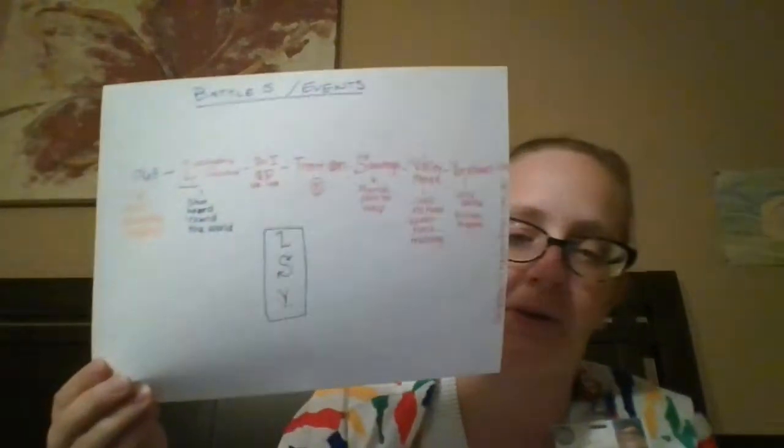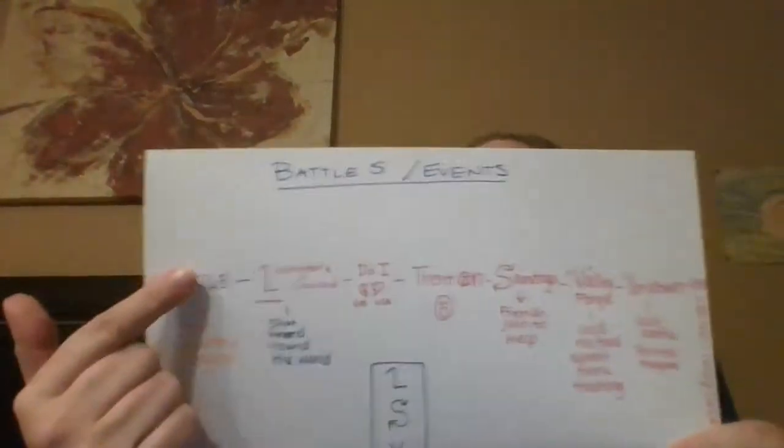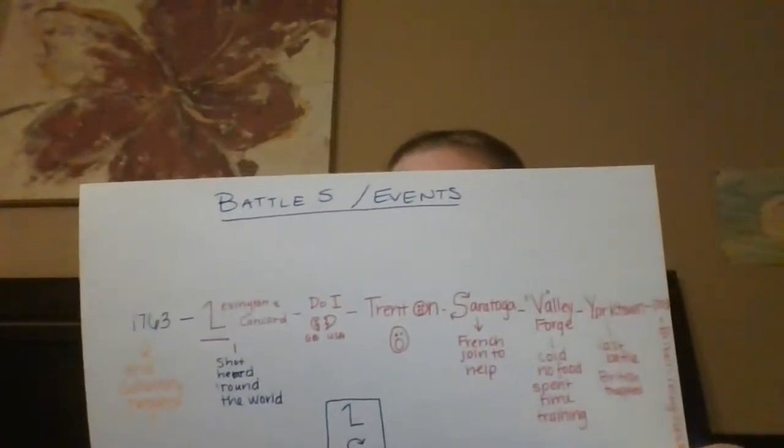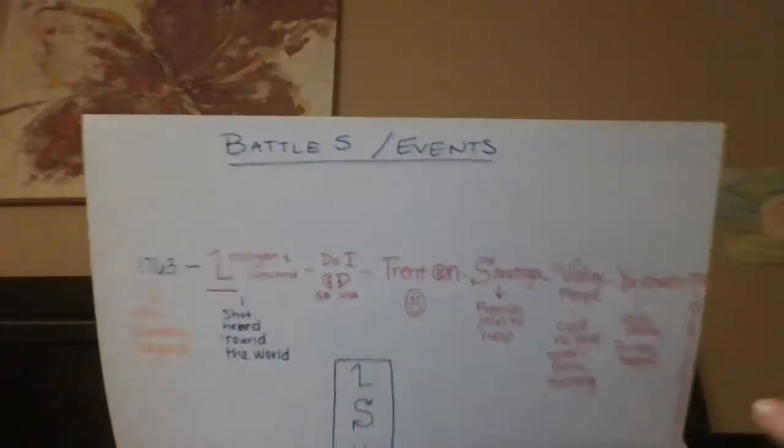1763 and 1783. They end two different wars. The entire purpose of a peace treaty is to end a war. So the peace treaty of 1763 ends the French and Indian War. And remember, after the French and Indian War, the British were in a lot of debt. They owed a lot of money, so they're going to end salutary neglect, increase mercantilism, and start taxation without representation.